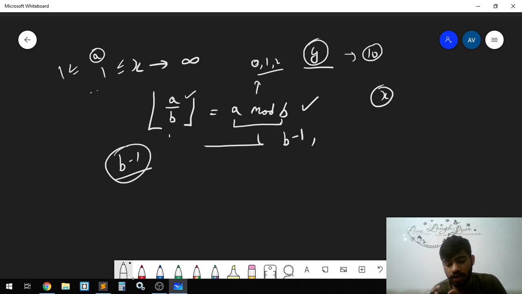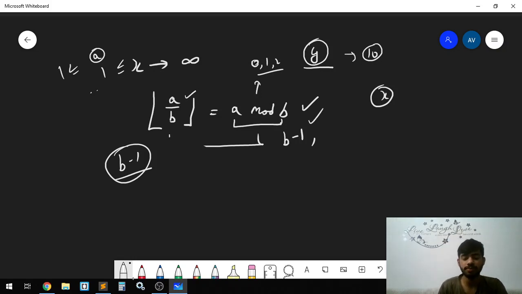When we include the second constraint, we can find the maximum number that can be divided by b and gives a mod b.